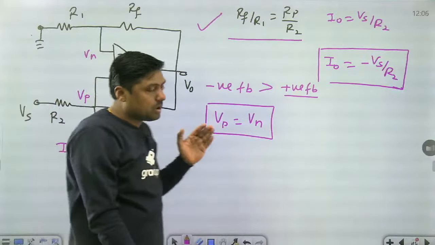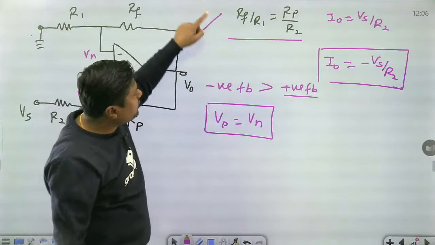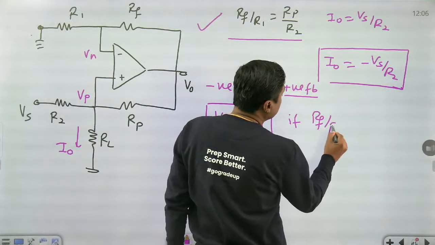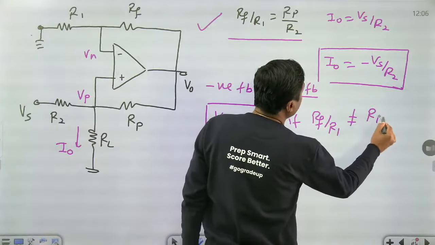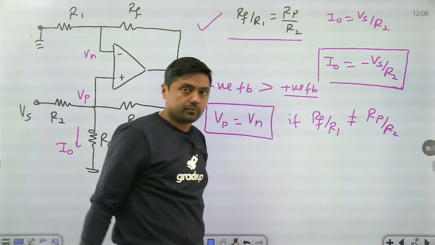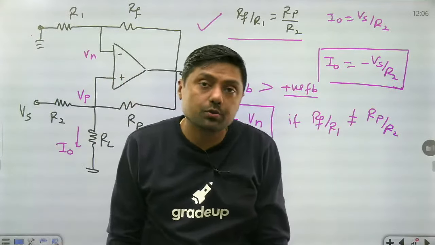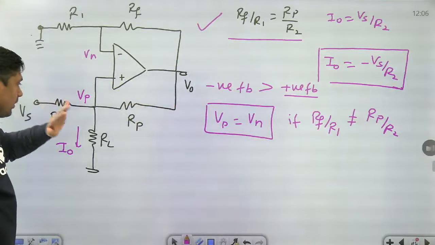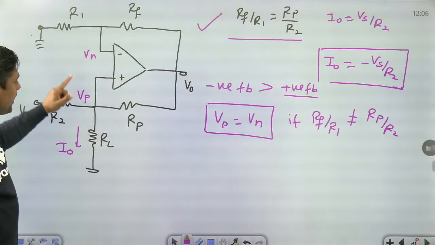That is the first method. Second case: if this ratio is not satisfied, if Rf by R1 is not equal to Rp by R2, then what will be the method? They may ask it as a 2 marks question. Don't worry about that. Vp is equal to Vn. Find Vp.